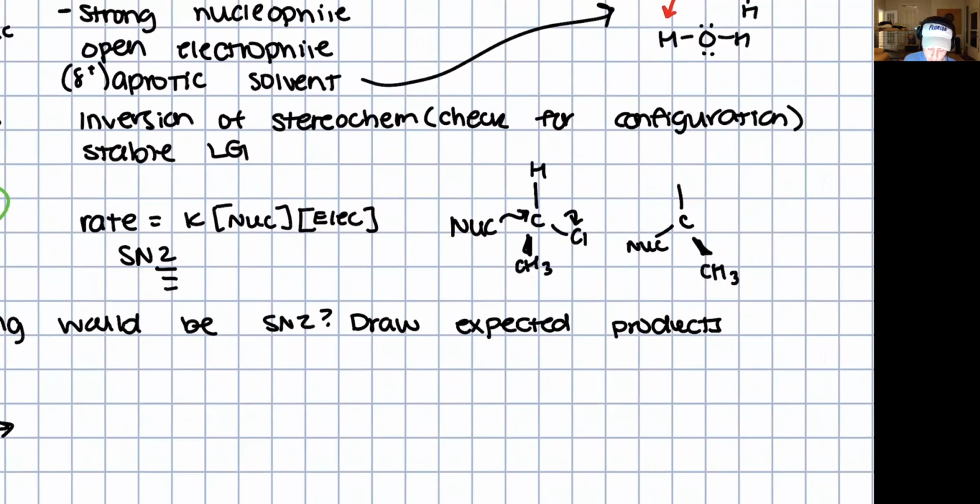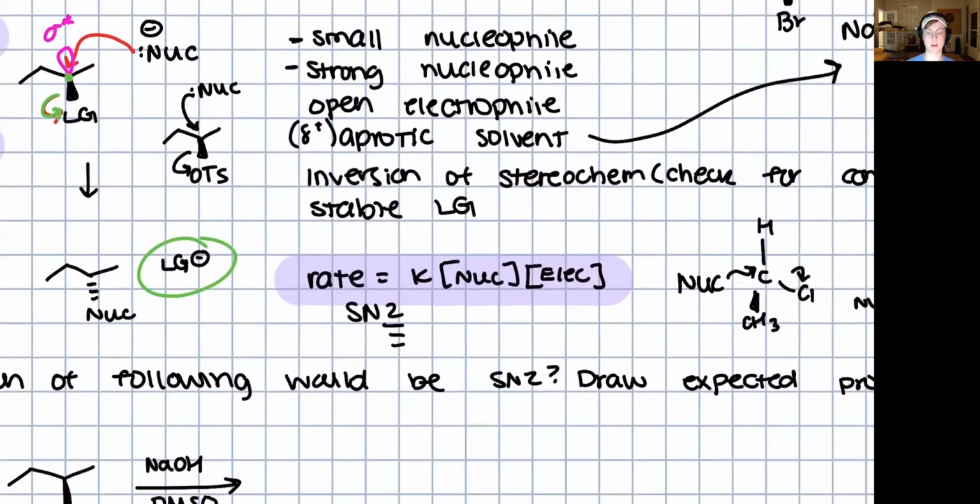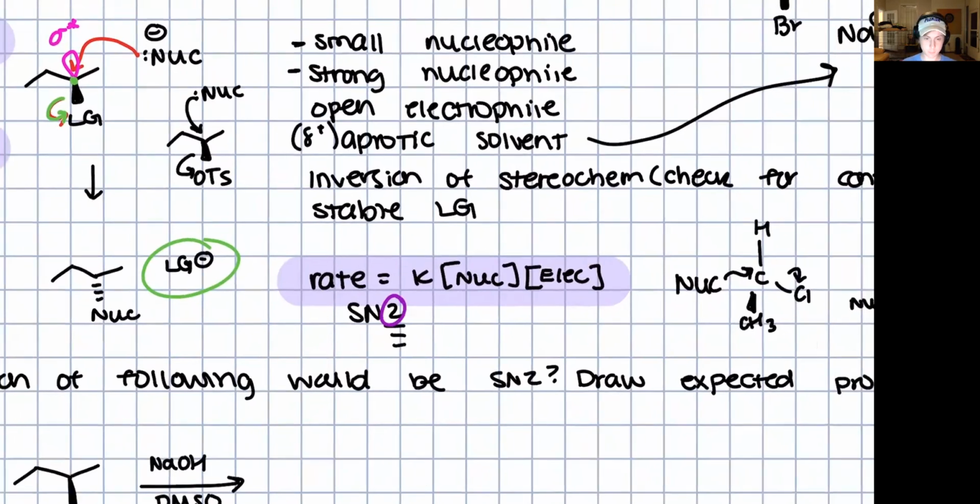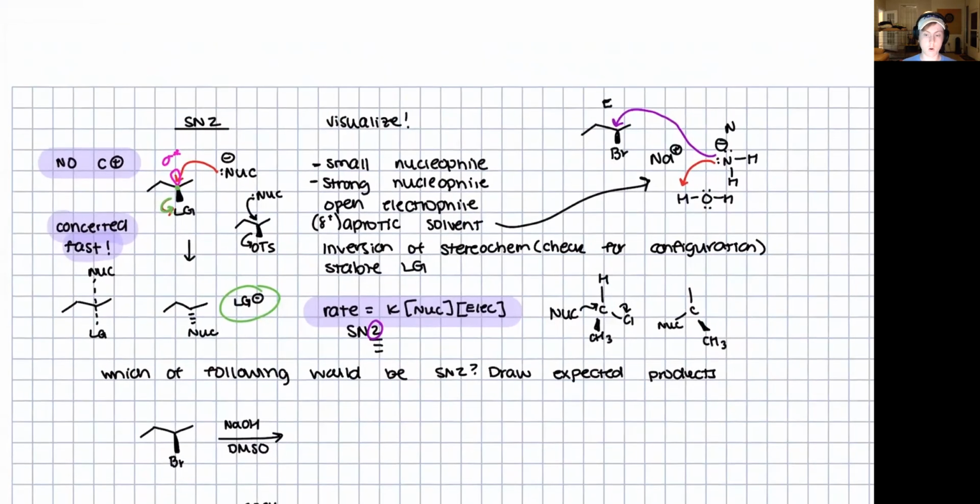And then finally, the rate of an SN2 is based on both the concentration of the nucleophile and the electrophile, and that is why it's SN2, because we have both of those concentrations playing a factor in the rate. So hopefully that made a little bit more sense.